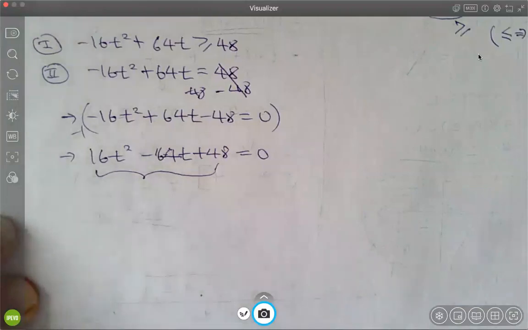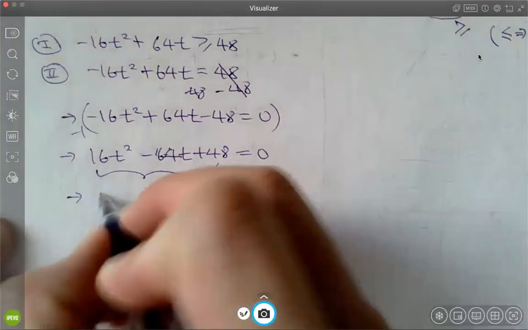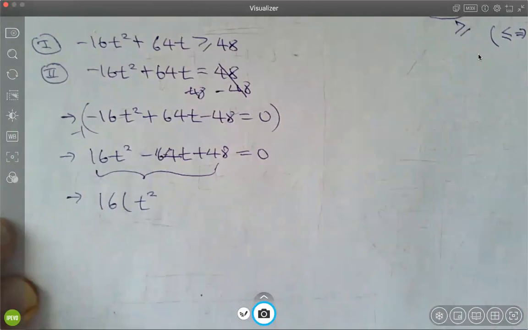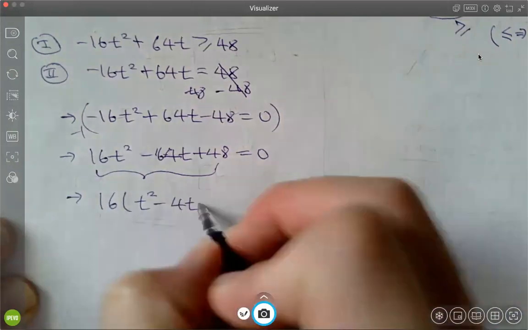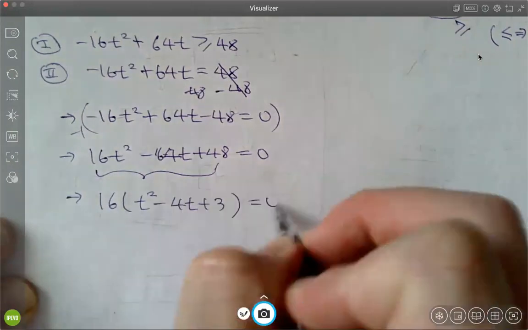What is the greatest common factor here? 16, right? So it's 16 times t squared minus 4t plus 3 is equal to 0.